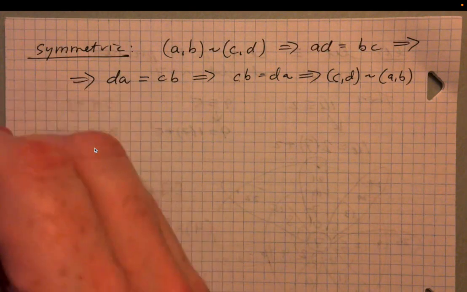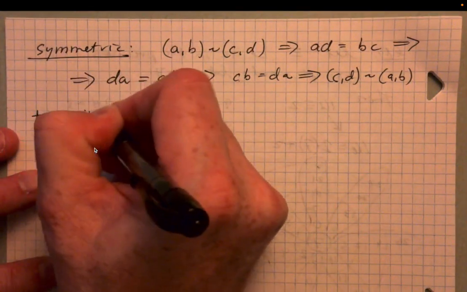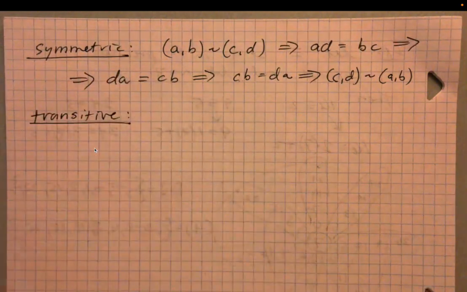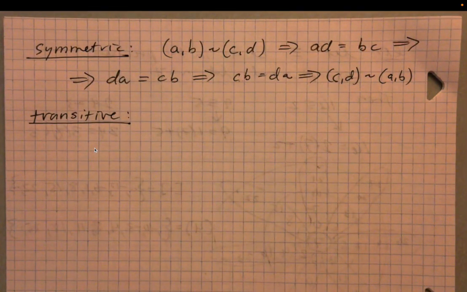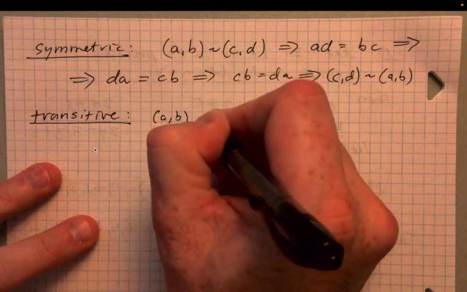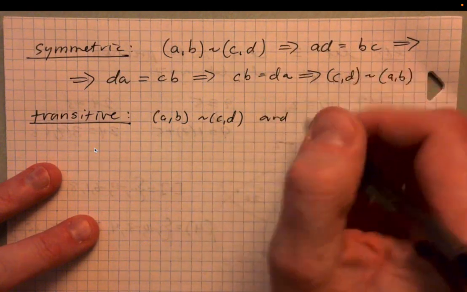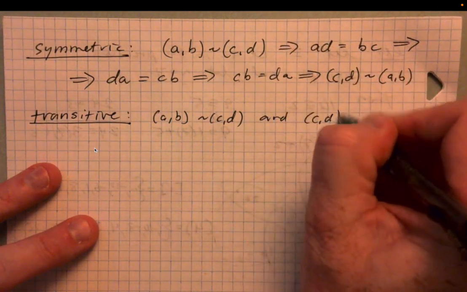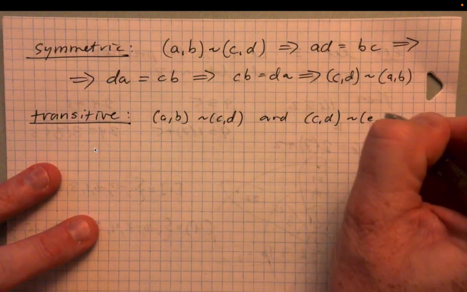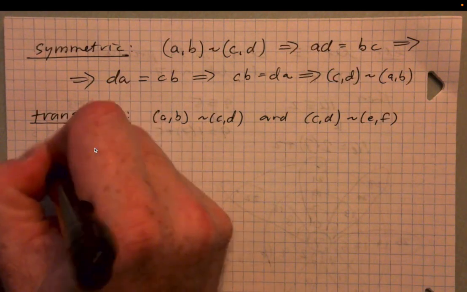All right, the last one we need to show is the transitive property. We need to show that the relation is transitive. So we'll assume that (A, B) is equivalent to (C, D) and (C, D) is equivalent to (E, F). Let's write all this out.